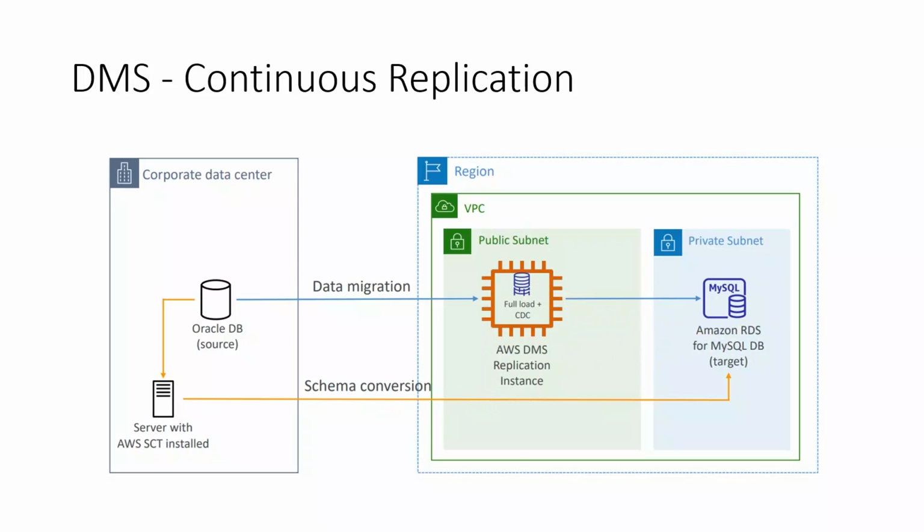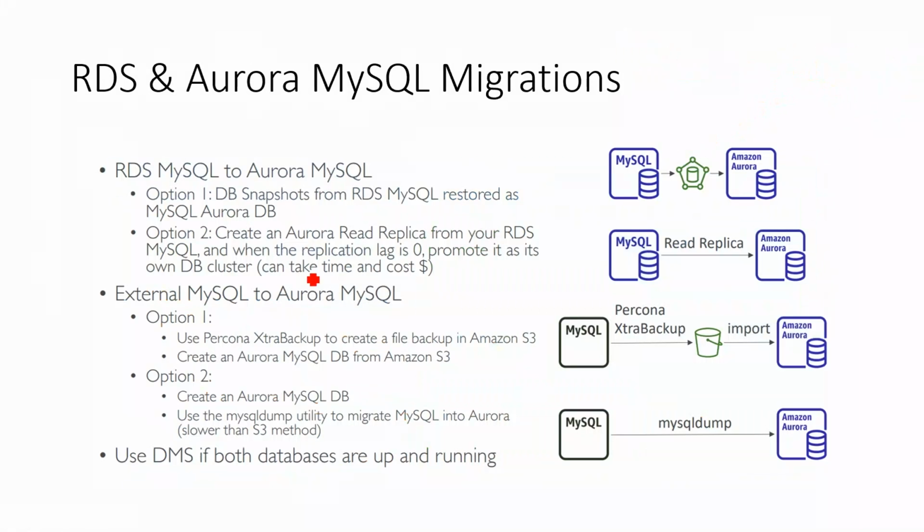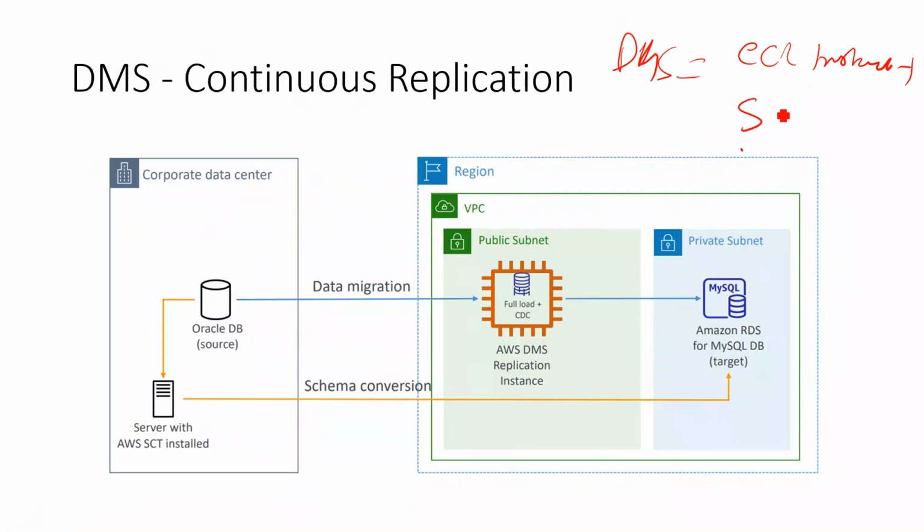And that is replication along with the schema conversion. Because if we do not use SCT over here, we are not able to convert from one database engine to another database engine. I hope that makes sense. So the most important points to remember in DMS: one is the intermediate EC2 instance, and if you want to convert from one source engine to a different destination engine, we use the SCT, which is the Schema Conversion Tool.